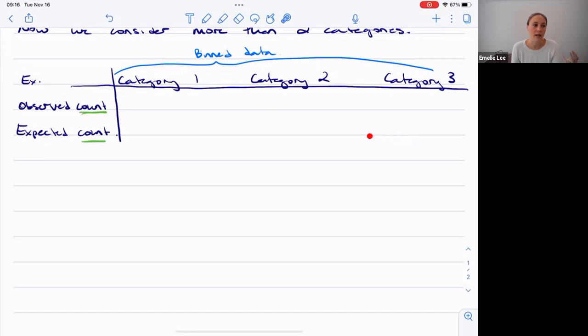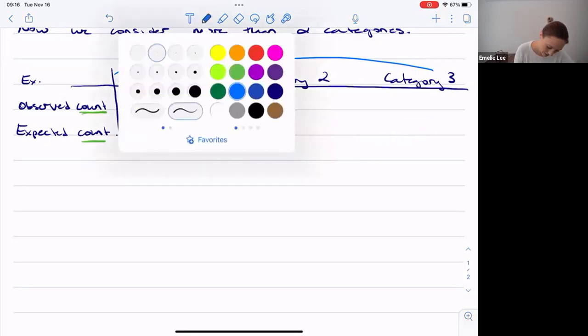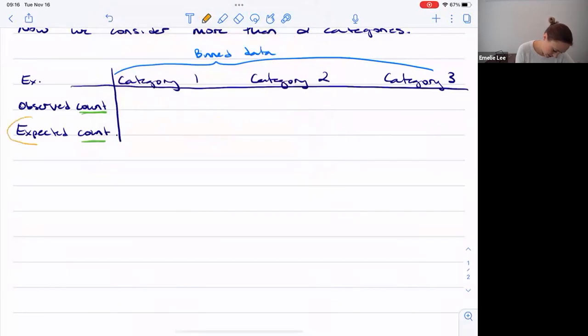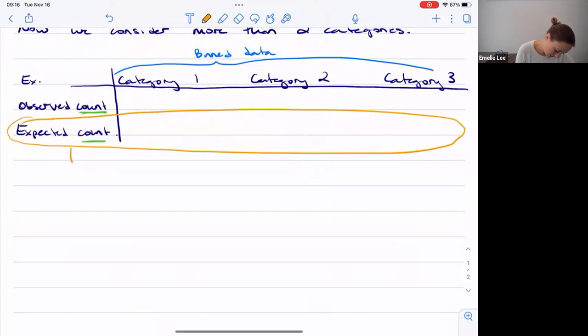Or did I expect maybe a 50, 20, 30 split, right? And so we've got this idea about the hypothesized distribution. So then here, the expected count becomes the hypothesized distribution.